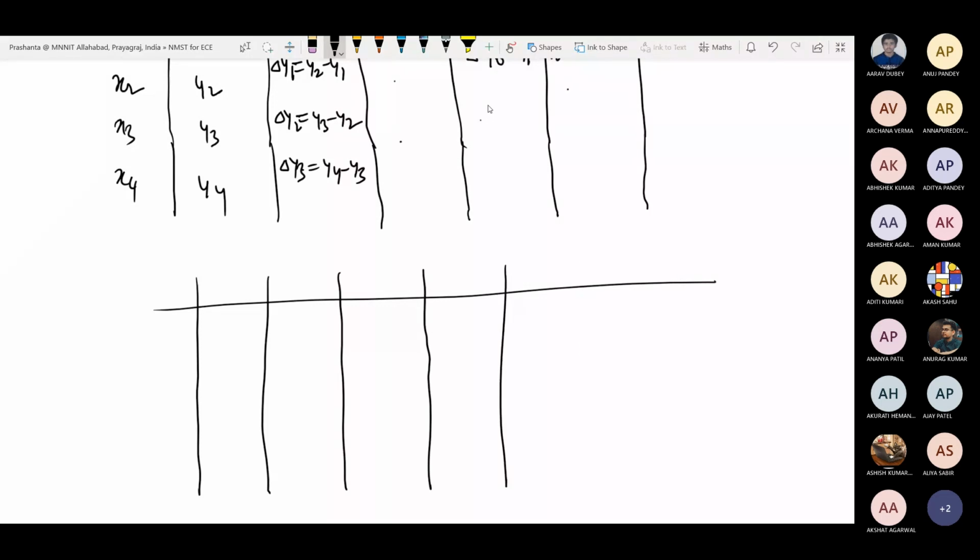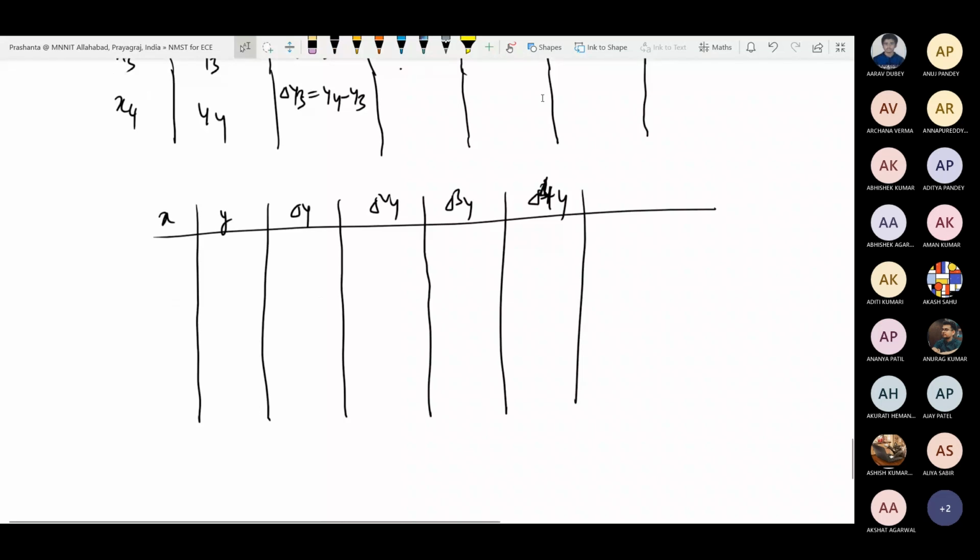So let me give you 5 data points: x, y, delta y, del square y, del cube y, del 4 y. If you understand only one table, the remaining tables will be very easy to understand. Backward difference will be the same, only the name will be a little bit different.